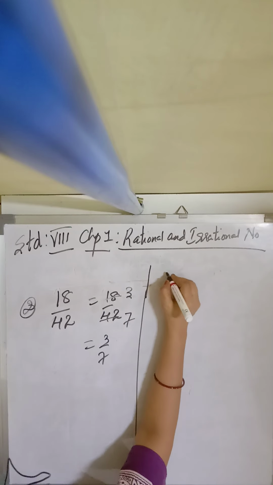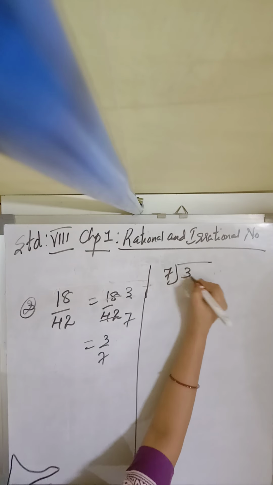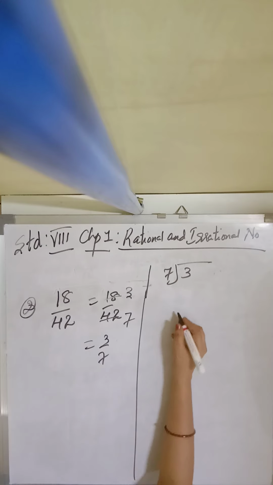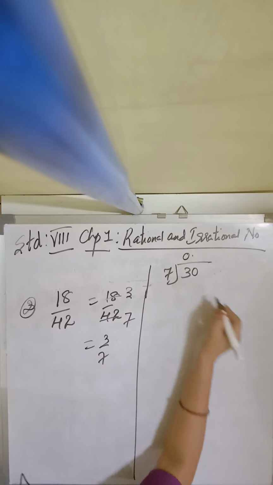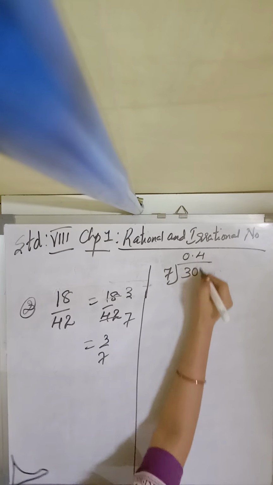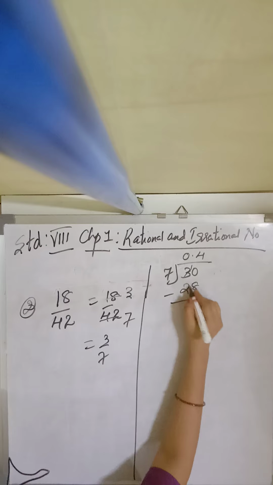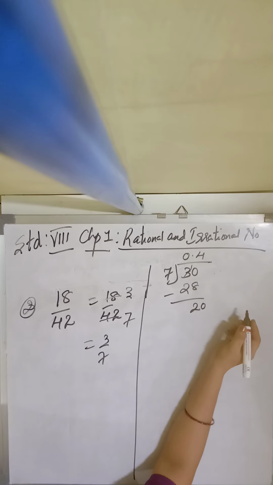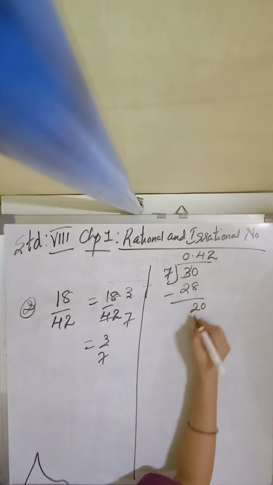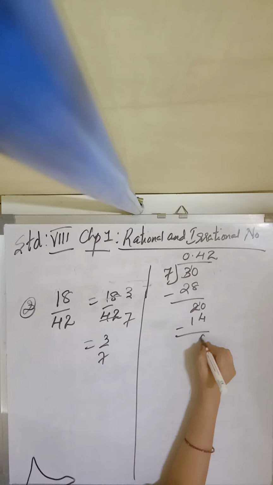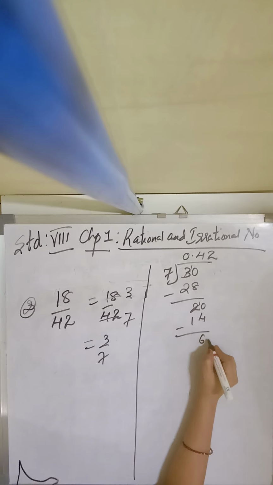Now let us start. 7 is your divisor, 3 0 point. Now 7 4s are 28, that means 2 1 0. Now 7 2s are 14, so 10 minus 4 is 6, 1 minus 1 is 0 again.